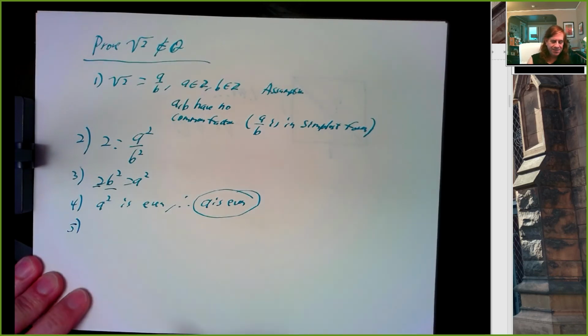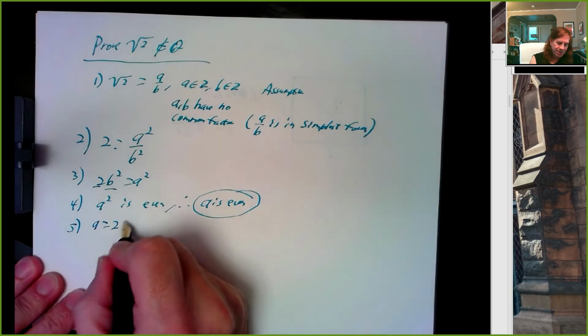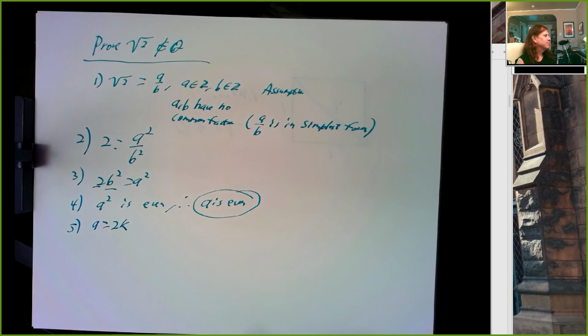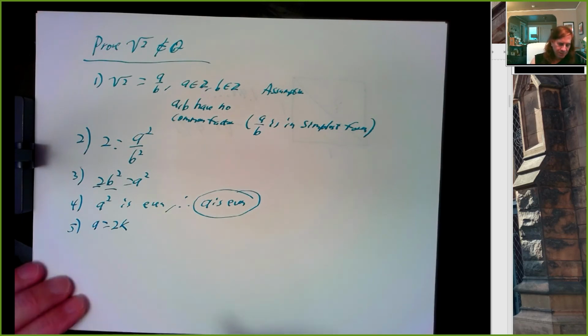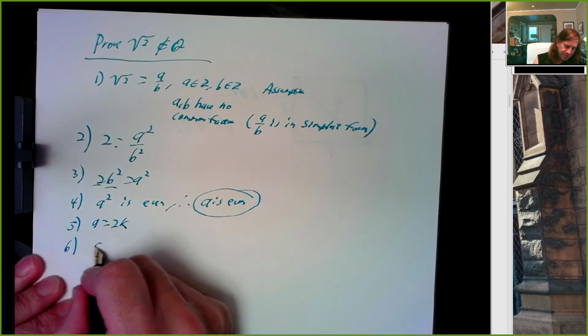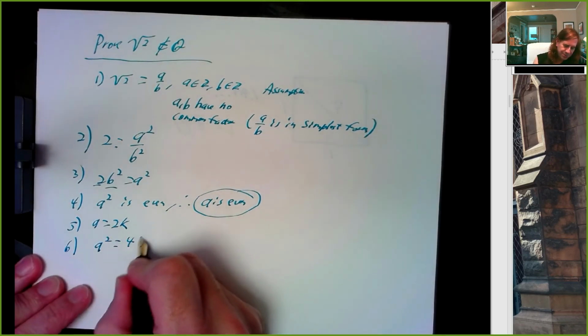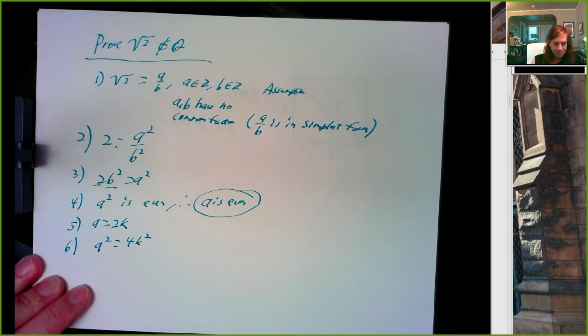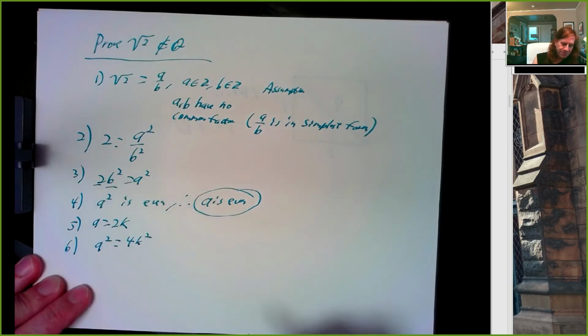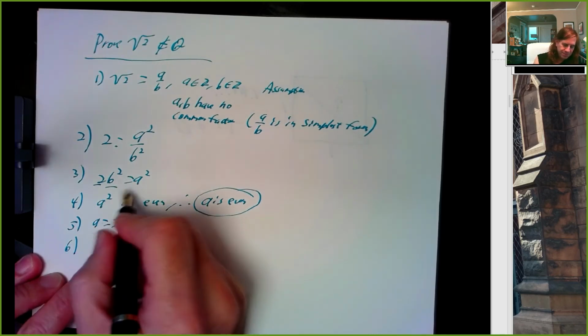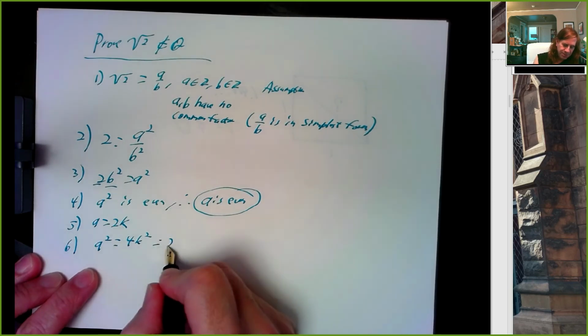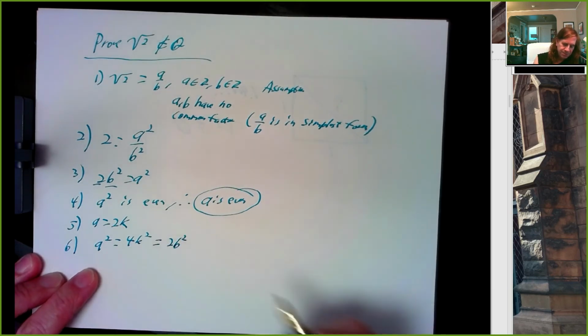Well, if a is even, we can write a as 2 times k, where k is an integer, which means a squared is equal to 4 times k squared. But we also know that a squared is equal to 2b squared, and so 4k squared is equal to 2b squared.